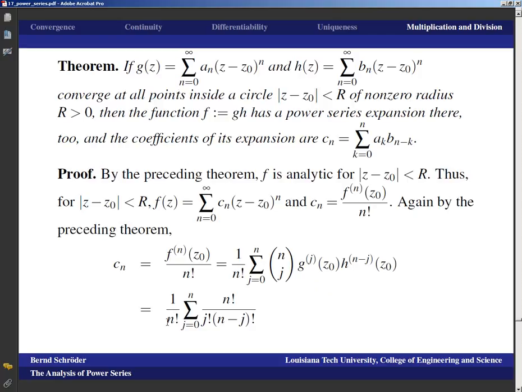So this is 1 over n factorial, the sum j equals 0 to n, times the binomial coefficient, which I wanted to write out explicitly here, times the jth derivative of g at z0, which is just j factorial times a_j, and the (n minus j)th derivative of h at z0 is (n minus j) factorial times b_(n minus j). That just comes from the formula for the a's and the b's.